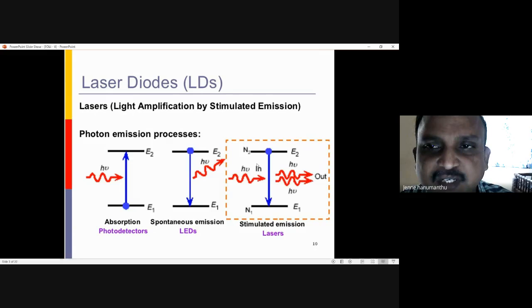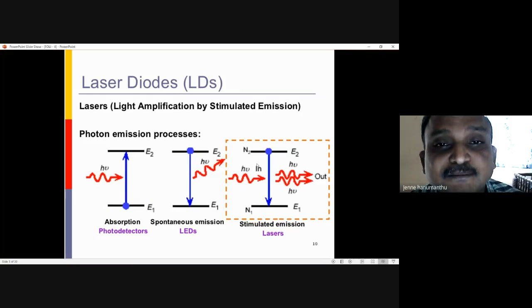Remember, from the laser we are not expecting spontaneous emission, because whatever photon the atom emits when it comes down from high to low has very low intensity.